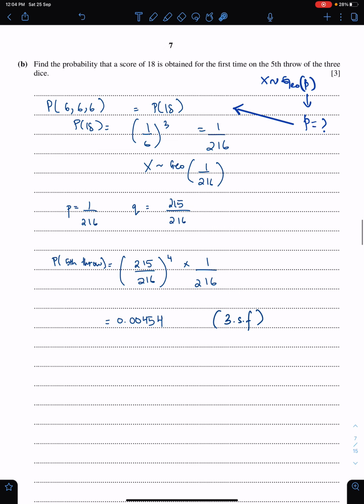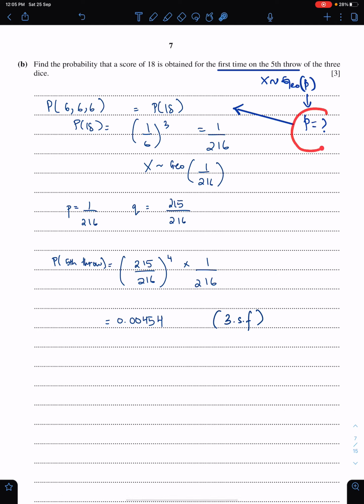Next part. Find the probability that a score of 18 is obtained for the first time on the 5th row of the 3 dice. This situation is a geometric distribution, and the probability p is unknown.